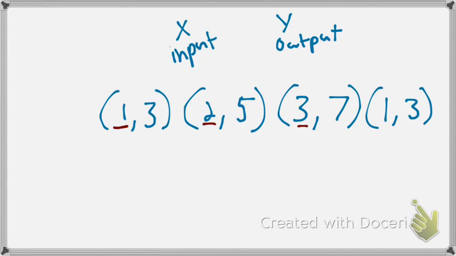No. People say no because 1 repeated. No, wait, it is. 1 outputs to 3. 1 outputs to 3. So it's still a function, so long as every input only outputs to that one number. Now, if this was a 13, then it's no longer a function, because now 1 outputs to 3 and 1 outputs to 13. Not a function.